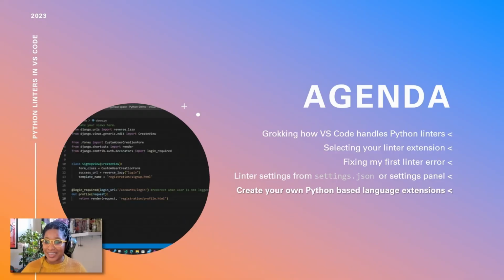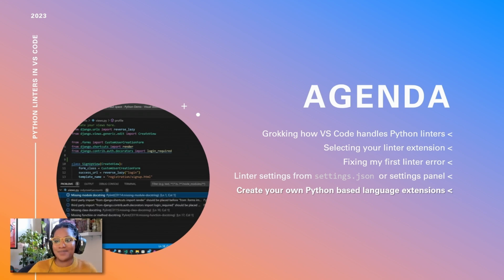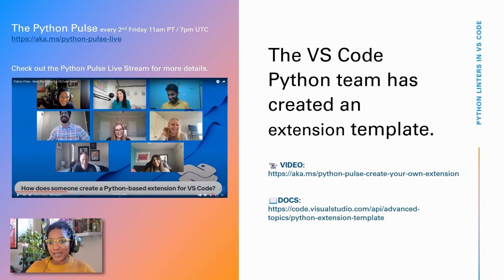Now, if you're up to the task, I'll talk to you a little bit about how you can look into creating your own Python-based extension. I had an awesome time chatting with the Python and VS Code team on the Python Pulse live stream about this exact topic. We've created a template that keeps you writing in more Python rather than TypeScript to create your extensions.